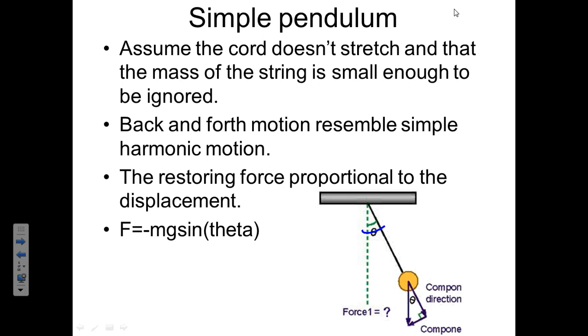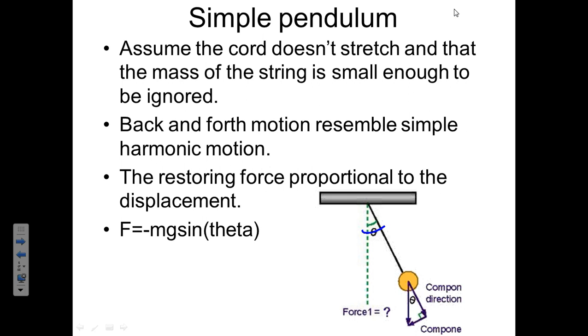Assume, number one, that the cord doesn't stretch and that the mass of the string is small enough to be ignored. Now, in reality, are either one of those things probably true? You know, sometimes we have to make trade-offs in physics so the math works. It's one of the trade-offs. The back and forth motion of our pendulum is pretty much simple harmonic motion.